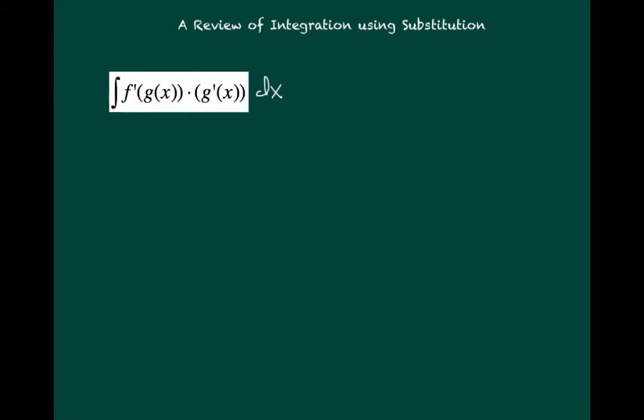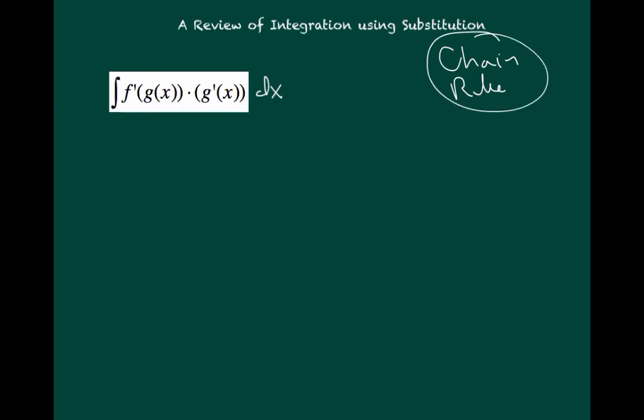And as you may recall, we looked for a function that was a composite function where the inside function, in this case g of x, had its derivative, g prime, also in the integrand. When we did that, that meant that the derivative had come about by the application of the chain rule, and so we were trying to undo the chain rule.